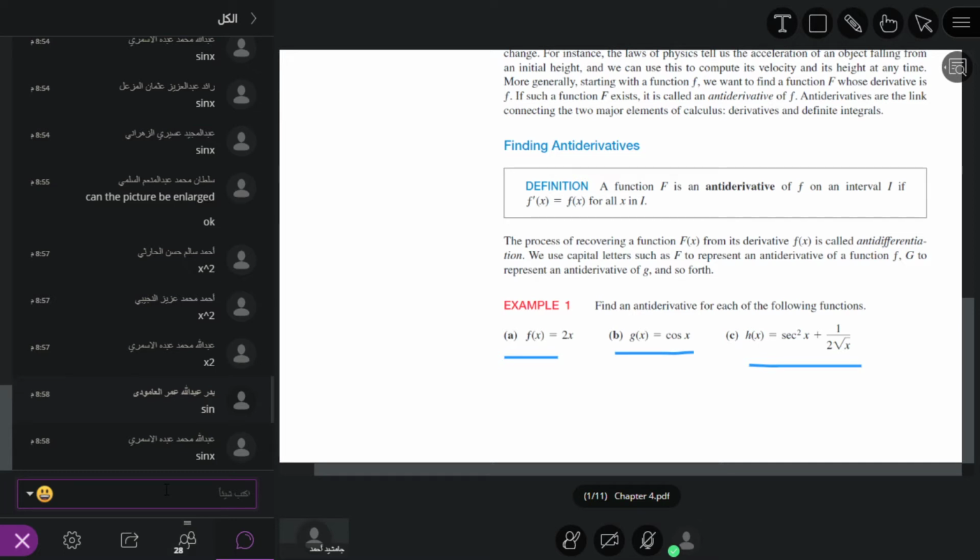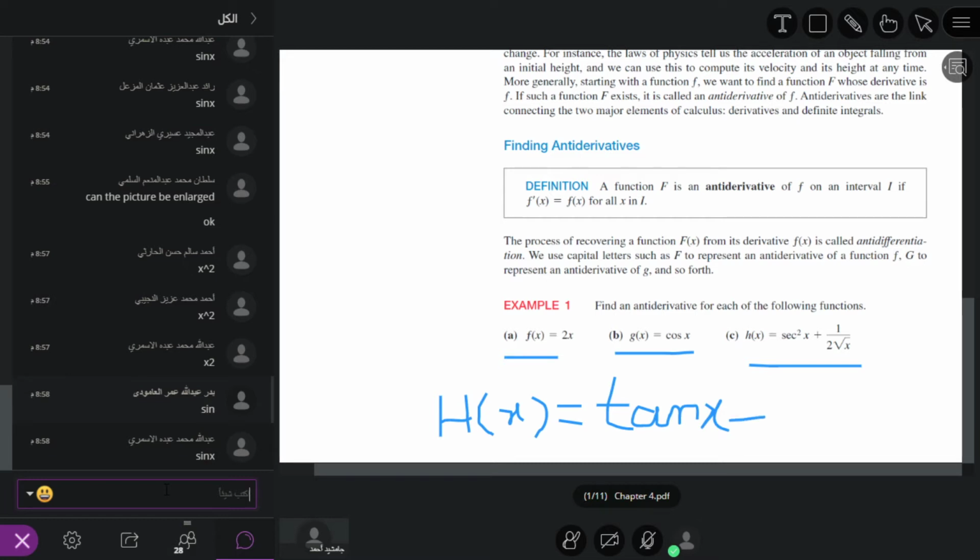So now we find capital H of x, which is equal to tan x. Why tan x? Because if we take the derivative of tan x, we get sec square x.